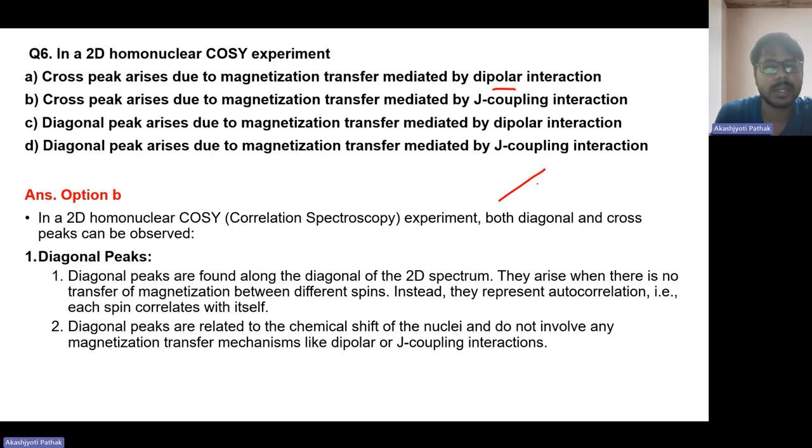Diagonal peaks are related to the chemical shift of the nuclei, and they do not involve any magnetization transfer mechanism like dipolar or J coupling interactions.